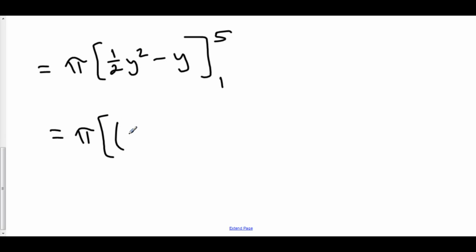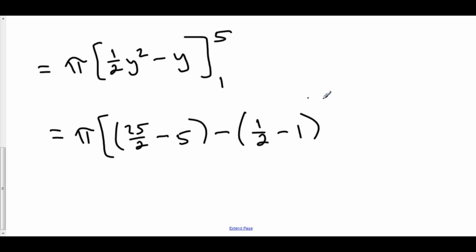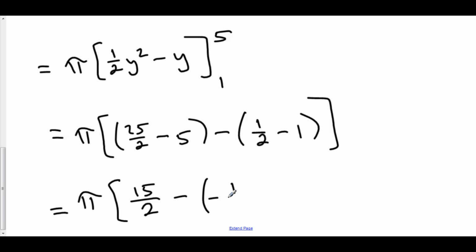Here we have 5 squared over 2, that's 25 over 2, minus 5, minus, let's plug in 1, that would be 1/2 minus 1. 5 can be rewritten as 10 over 2, and so 25 over 2 minus 10 over 2 is 15 over 2, minus 1/2 minus 1 is negative 1/2.